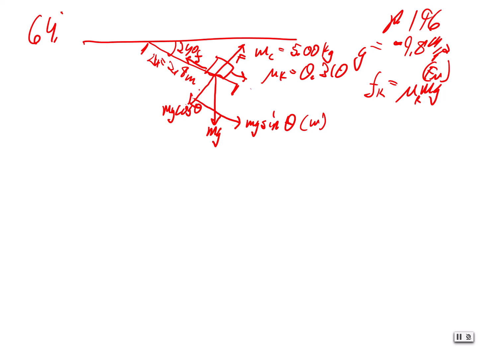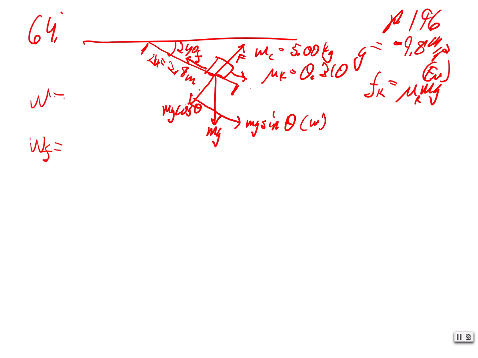So now we can find the work done by the friction. Okay? The work done by the friction. So, let's look at this now. So the work done by friction is equal to what? Well, remember work is equal to what?